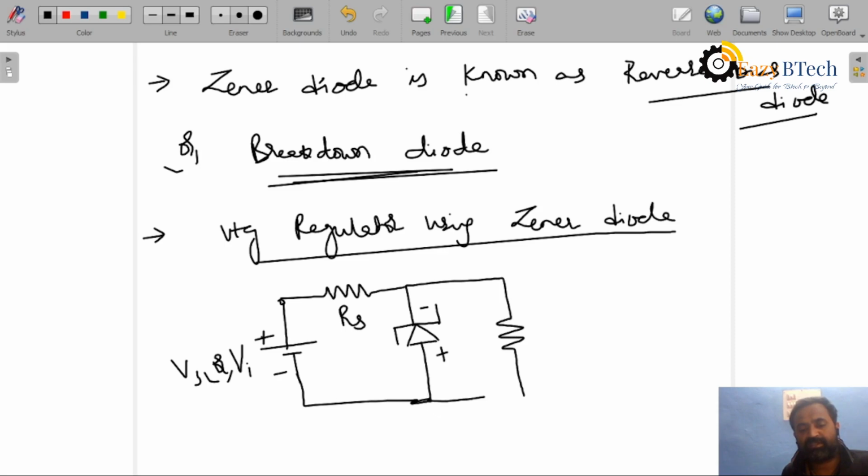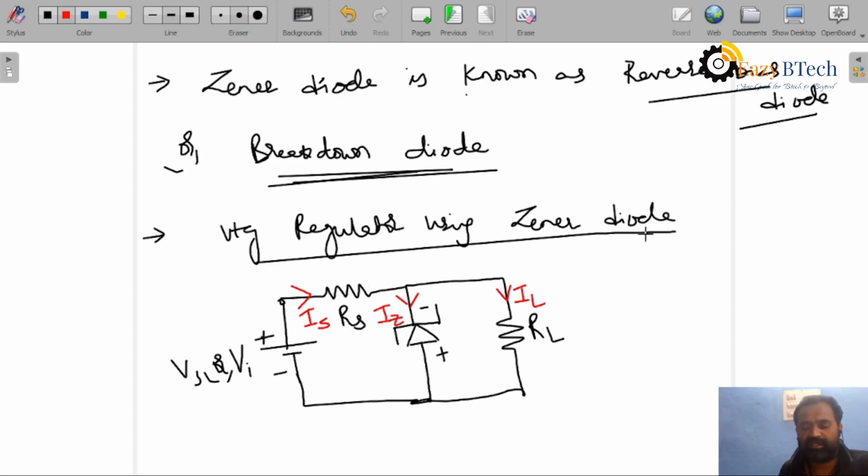This is a load resistance RL. Now current through here is IS, the current through this diode is IZ, and current through this load is IL. Now you can see this is a circuit diagram.